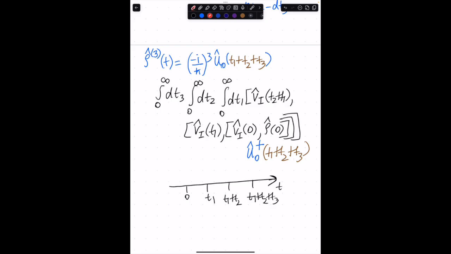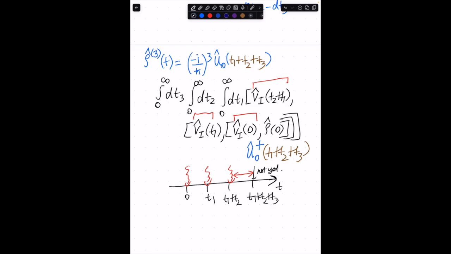Your first perturbation is at time 0, which is here. Your second perturbation is at time t1, which is here. And then your third perturbation is at time t2 plus t1, which is here. After that, you evolve your system, which is a free propagation with respect to your matter system, to t1 plus t2 plus t3, where your signal will be read. But let's not get into that as of now.